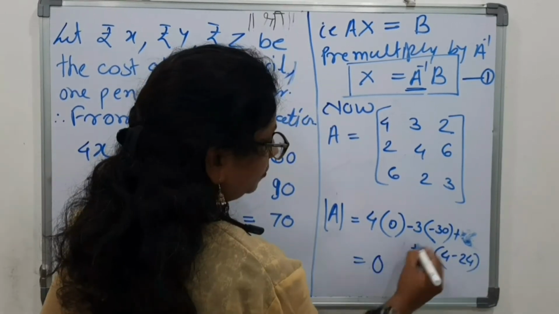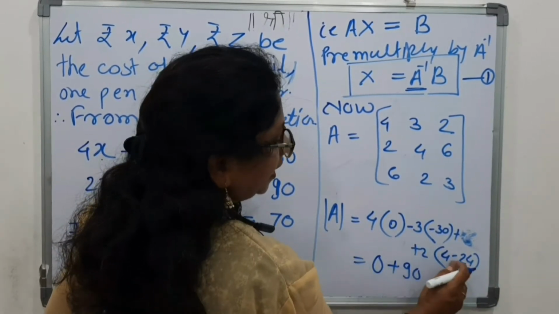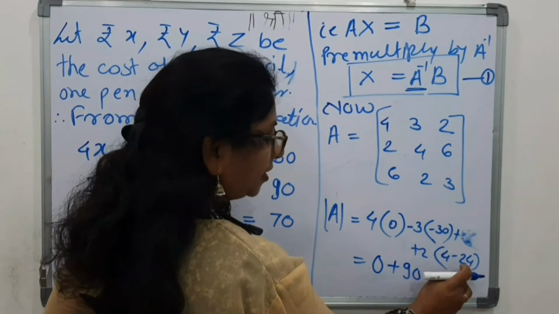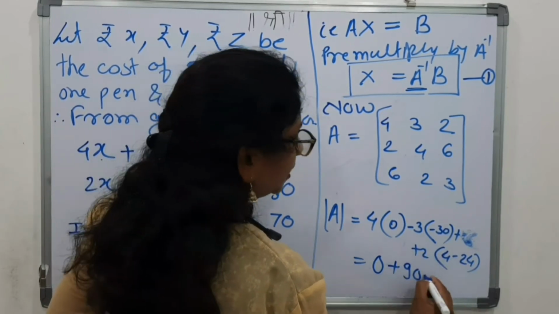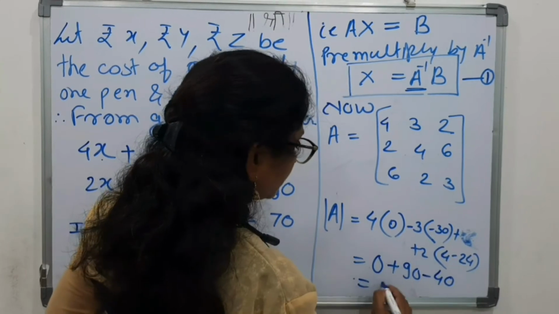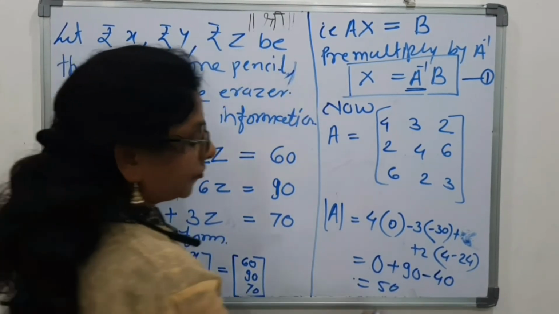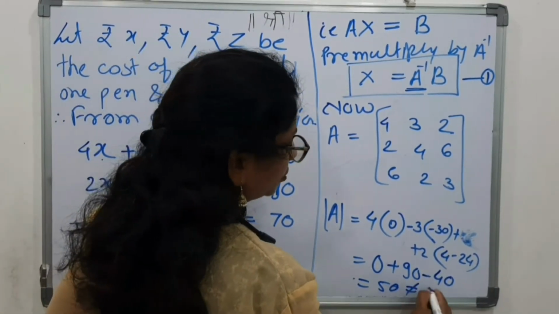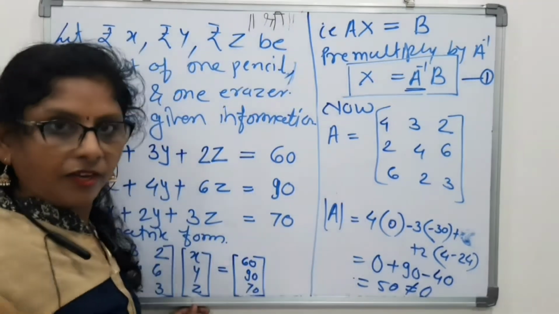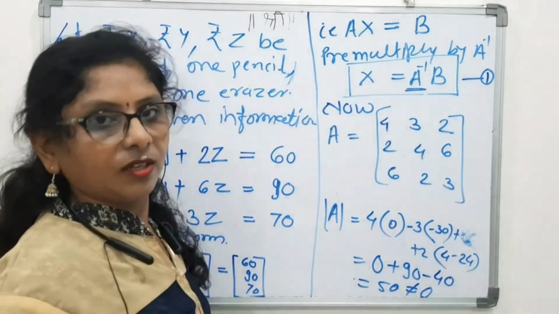So this is 0, this is 90, and 4 minus 24 is minus 20, into 2, that is minus 40. So the determinant is 50, which is non-zero. It means this A is invertible. Further we can solve the example.